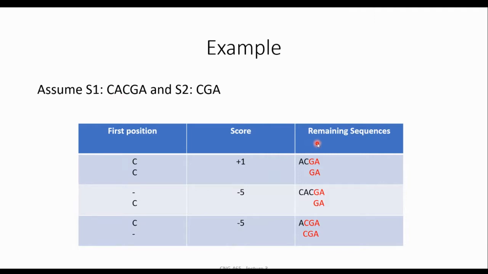Take a look at the remaining sequence. Forget about the first nucleotide. Either we consider a gap or a letter. This is the rest of the sequence, and you can see, for example, GA is aligned with GA here, for the second one as well. For the third one, now we have 3 letters together.